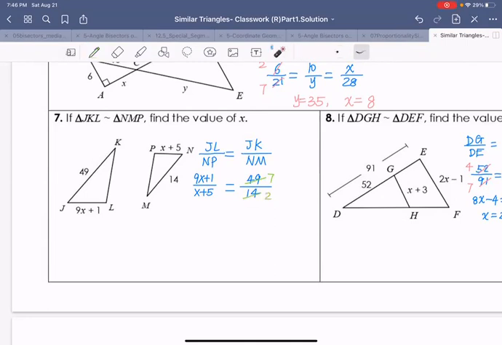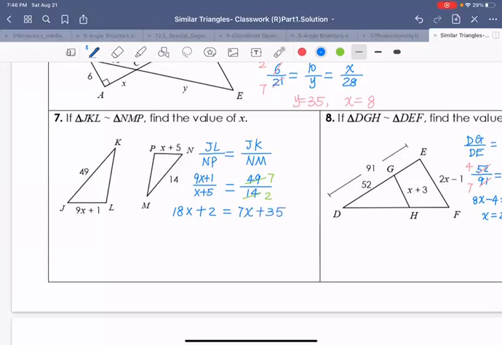Now, can you please do the cross multiplication? Go ahead. 18x plus 2 equals 7x plus 35. There you go.